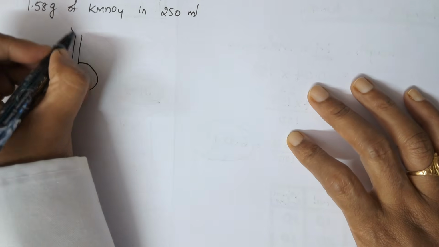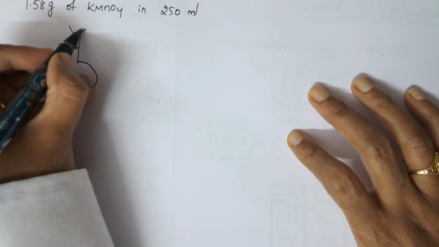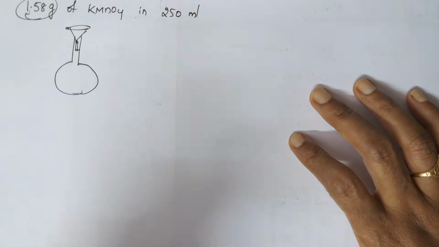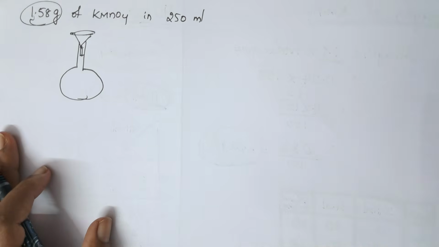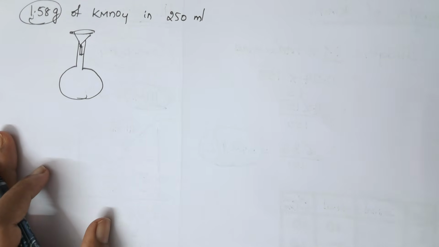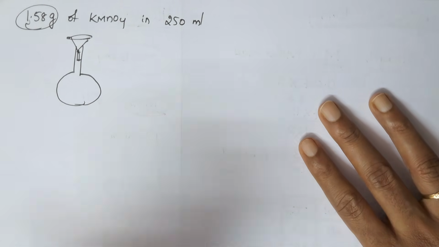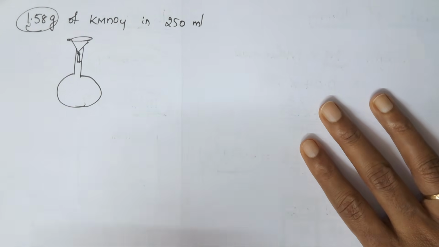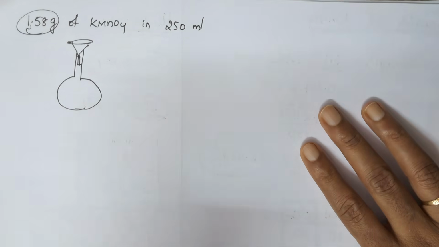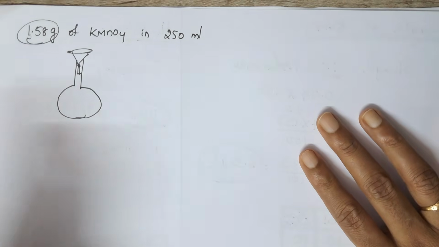I kept a funnel, and I weighed it using just paper. I got an exact reading. You do not need a watch glass or weighing bottle. Simply take good quality paper, like plastic cover type paper.